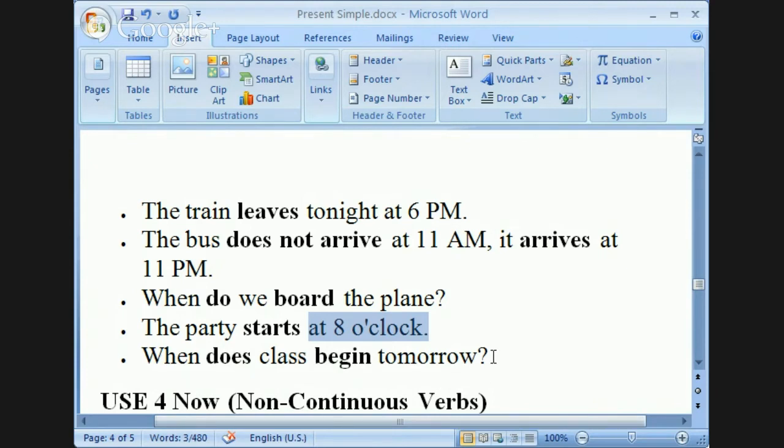Okay, Ludi. Want to give it a try talking about a scheduled future event? Verbling class finishes at 10 p.m. Finishes, yes, because it's third person.